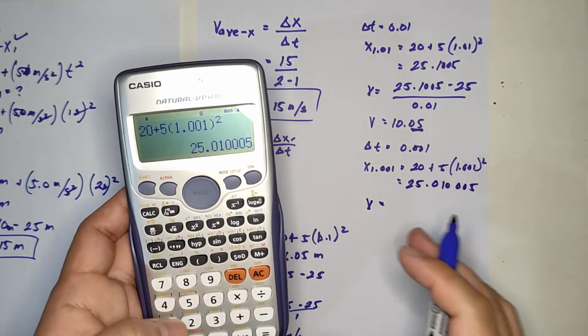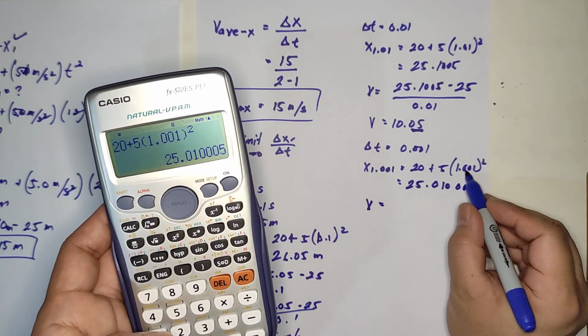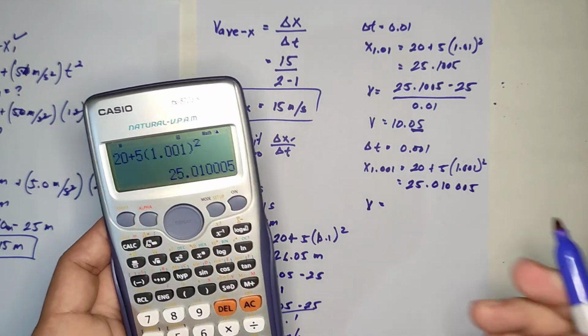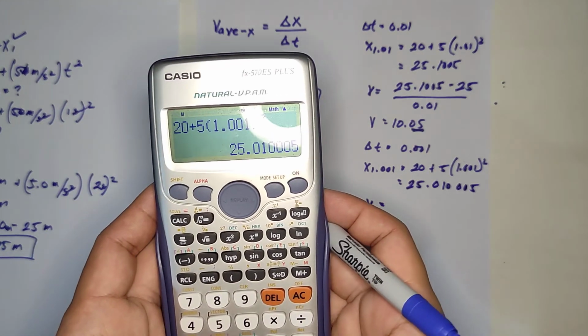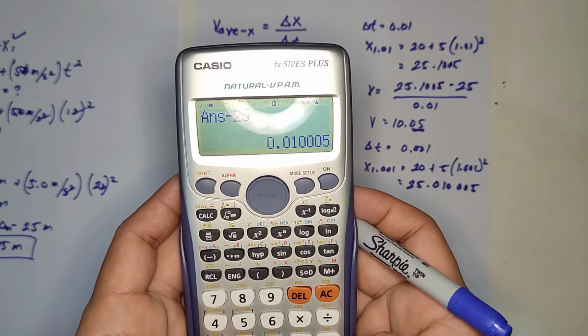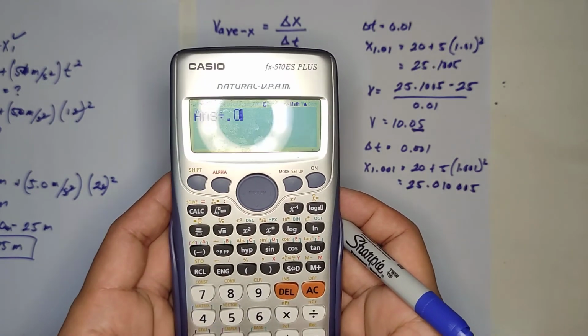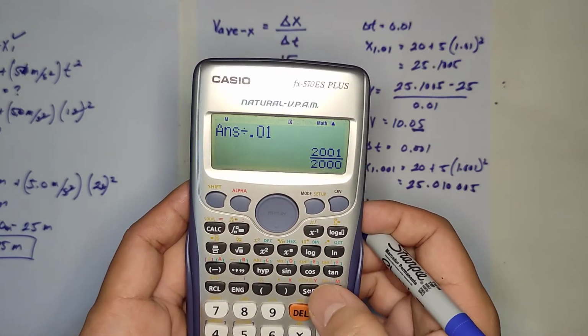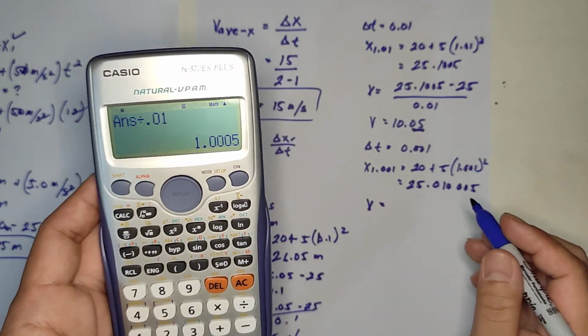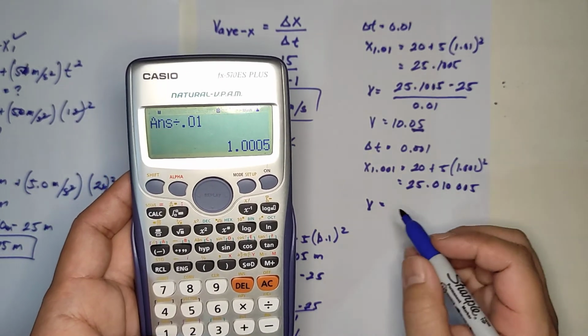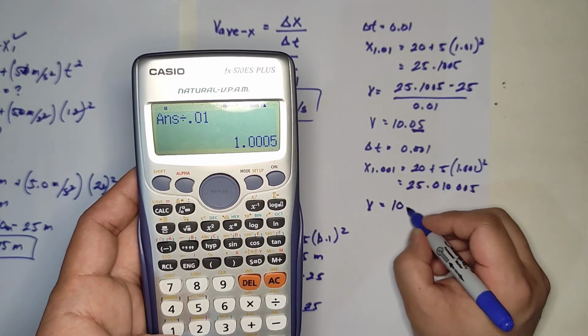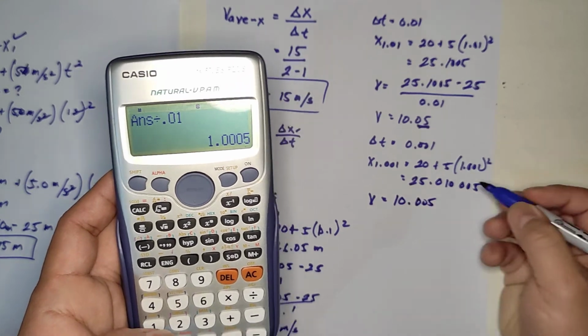Okay? So to get the average velocity, in this case this is now instantaneous because 0.001 is very small. So you have minus 25 divided by 0.001, it should be 0.001. So we just adjust. 10.005.